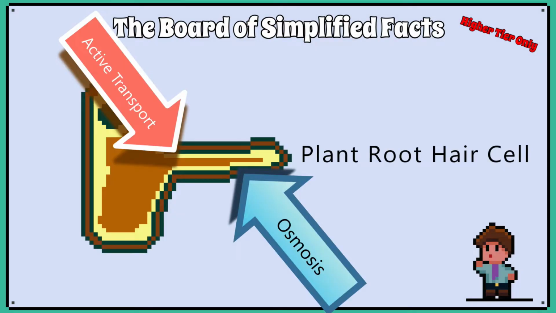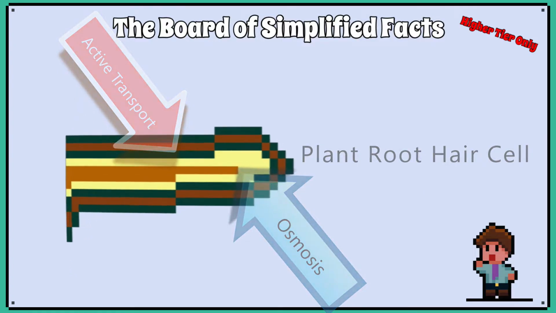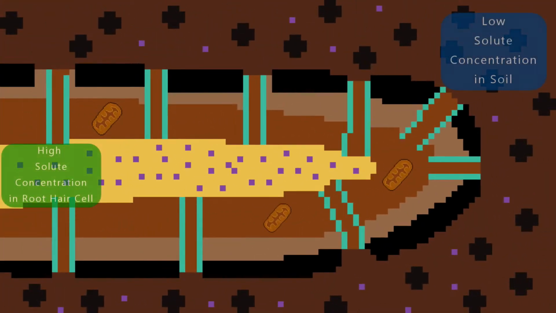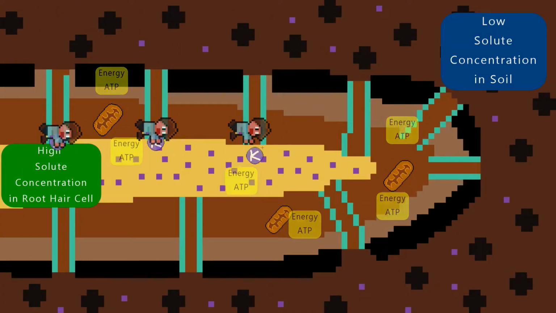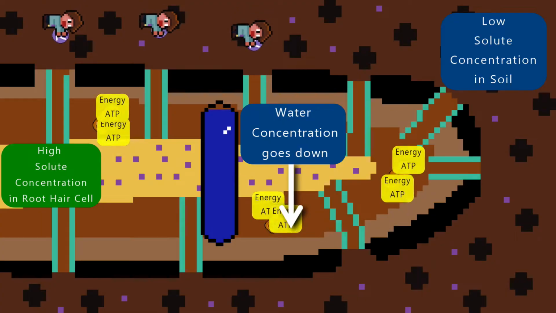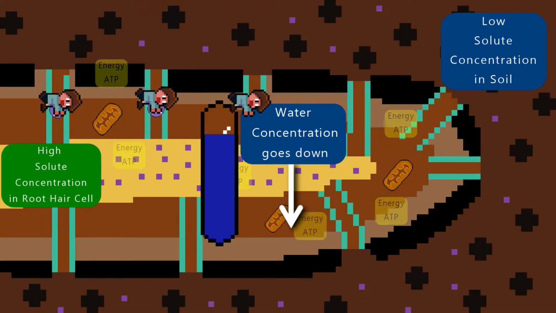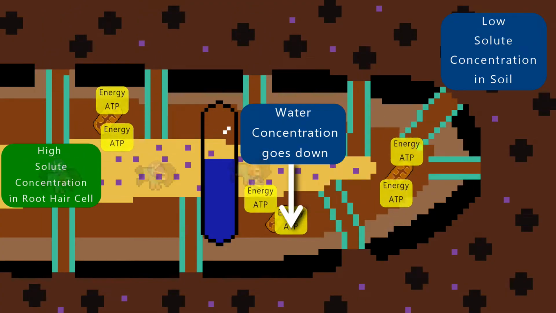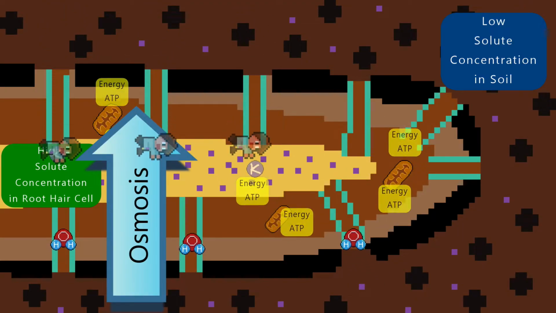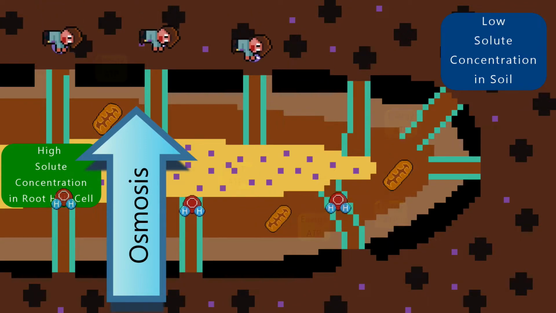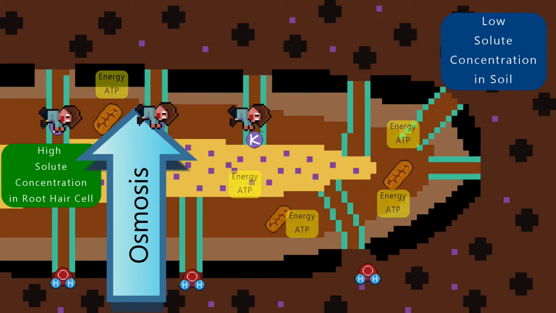A classic example in biology where active transport takes place is in the root hair cells of plants. They will absorb solutes such as mineral ions against the concentration gradient, with the goal being to lower the root hair cell water concentration. This ensures that the process of osmosis continues effectively by preventing equilibrium being reached between the soil and the root hair cells.